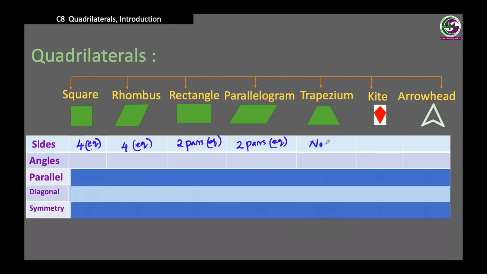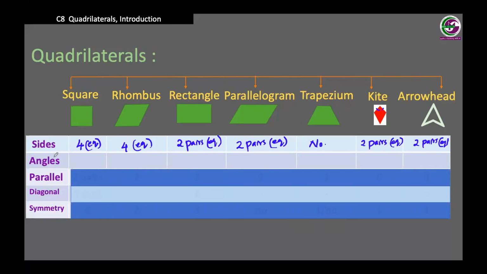But as I told you again, if they say isosceles trapezium, one pair will be equal. In the kite, two pairs will be equal. Heads are equal, tails are also equal. Again, arrowhead, two pairs are equal. We can say heads are equal and the tails are equal here as well.